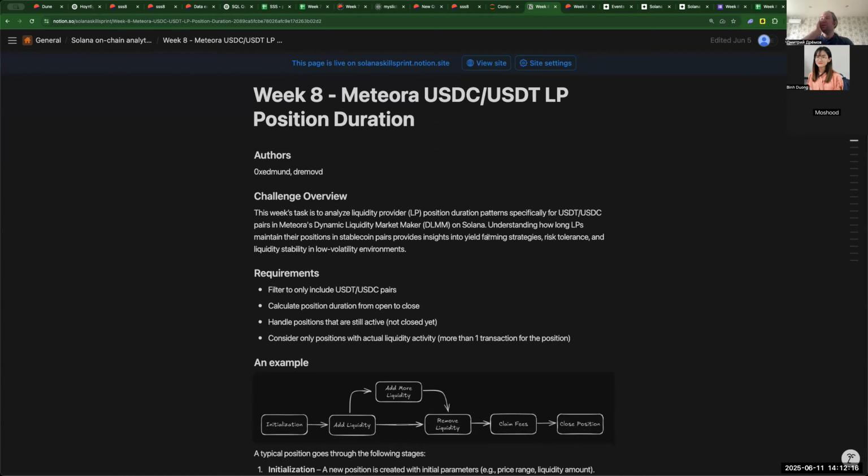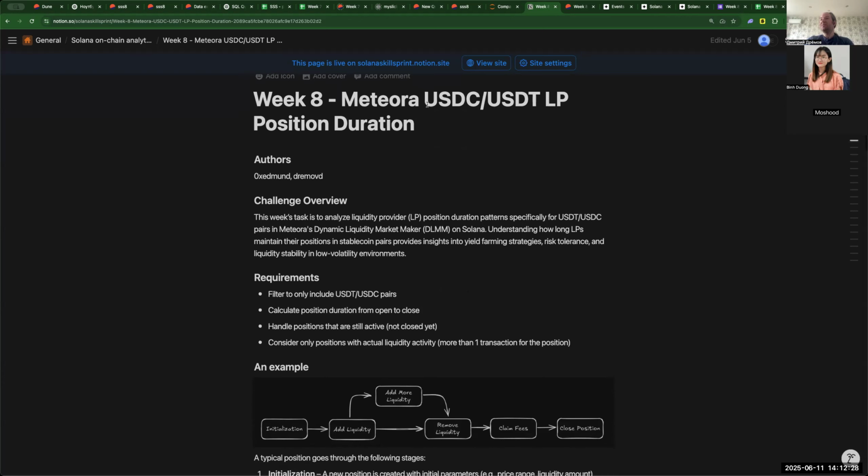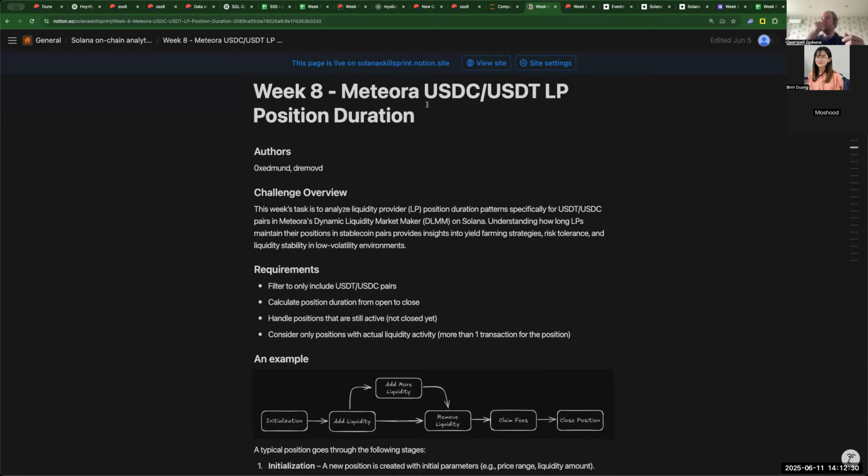So we wanted to work a little bit with liquidity pools and liquidity pool data. For this task, to make it more manageable, we selected just the Meteora USDC-USDT pools. Actually, there could be many of them. We wanted to calculate just the position duration.